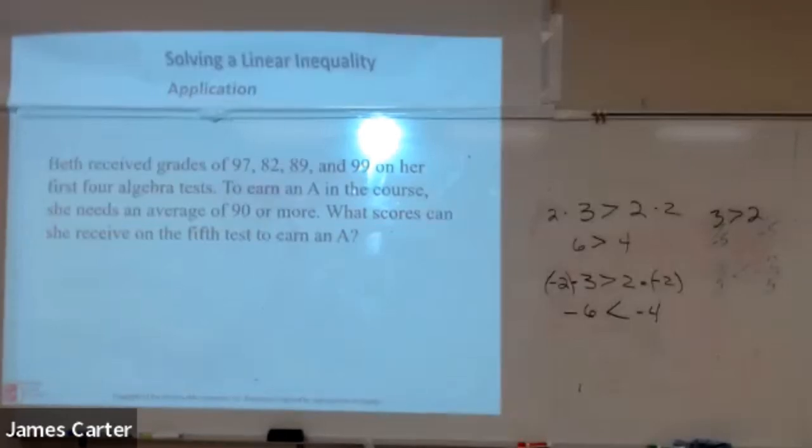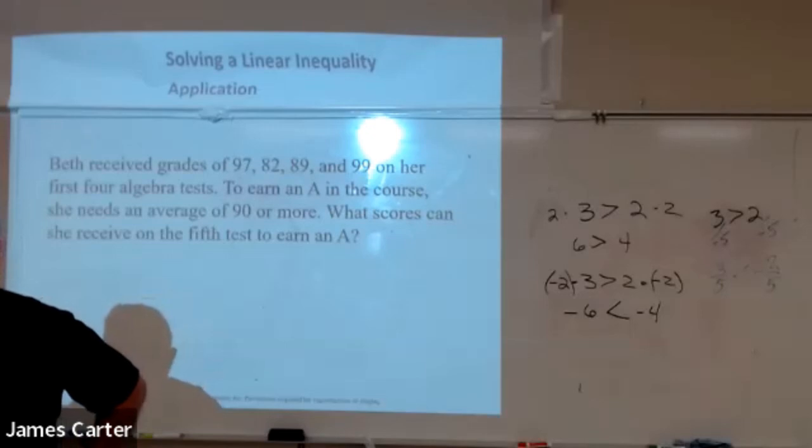Okay. Word problems. Remember, the less than or equal is the verb. Once again, Beth got grades of this, this, this, and this. By the way, this problem is kind of how you can figure out what kind of a score you need to get on the final to get whatever letter grade you want.